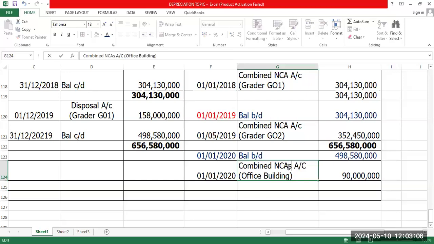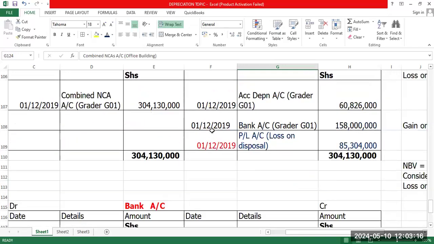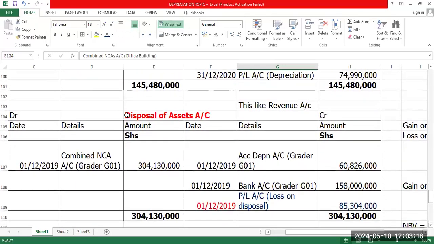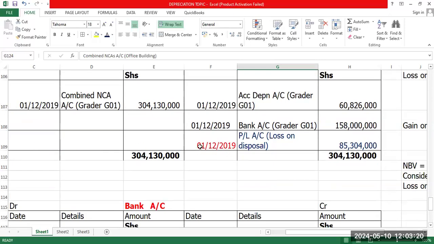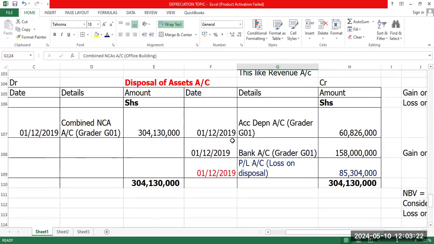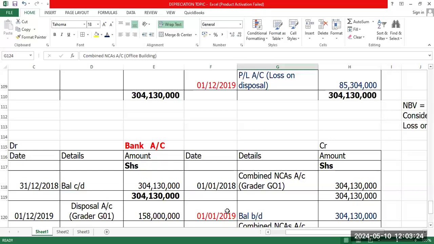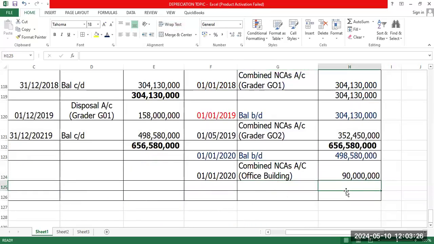Then ask yourself, did you sell in 2020? Did we make any disposal? If you want to confirm, you come back to your disposal account. We only have 2019. So no need, just close off your accounts here.